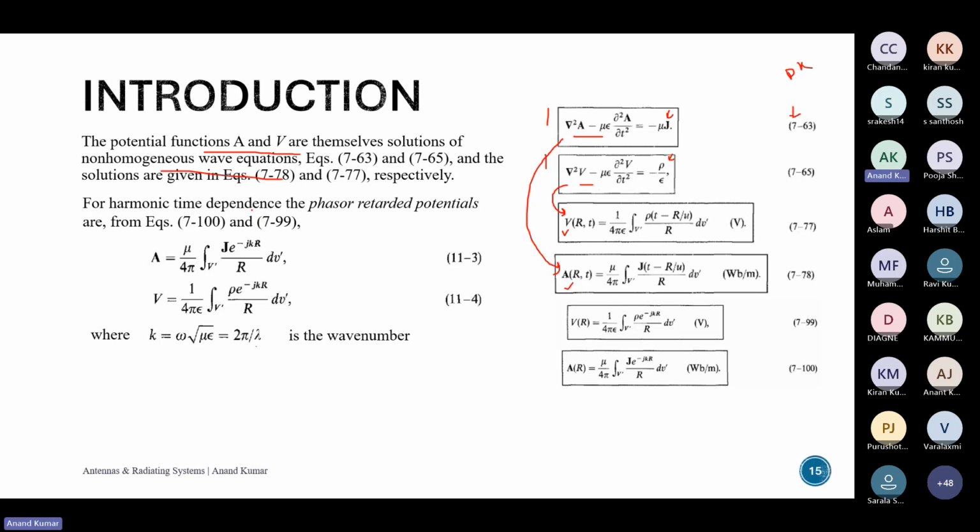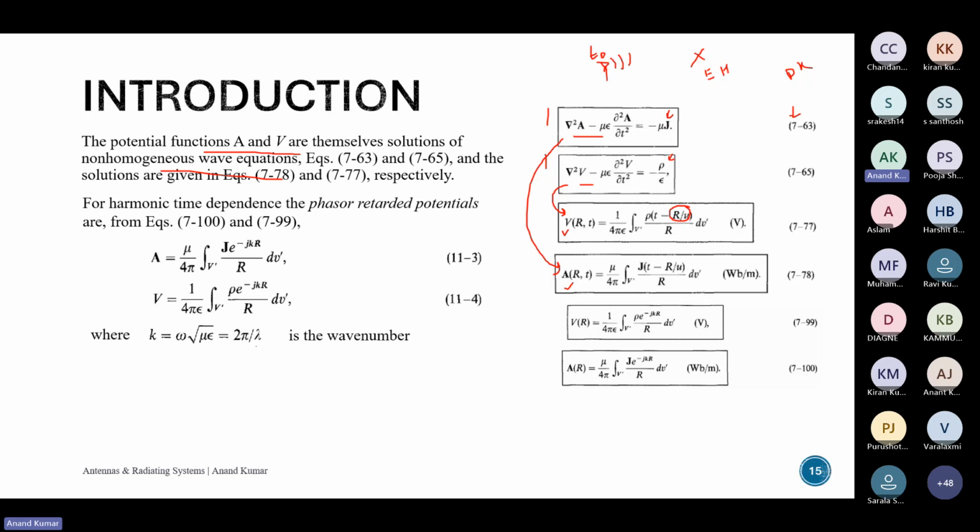For harmonic time dependence, these are the phasor retarded potentials. You see this term over here? This is basically the retarded potential, that is, there is a delay. If you have an antenna radiating over here, the wave is radiated at time t naught, and there is a position where you want to measure the electric field and magnetic field.